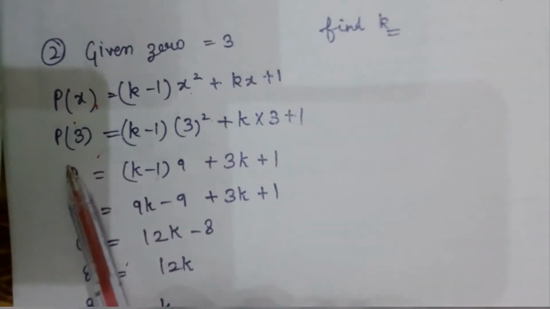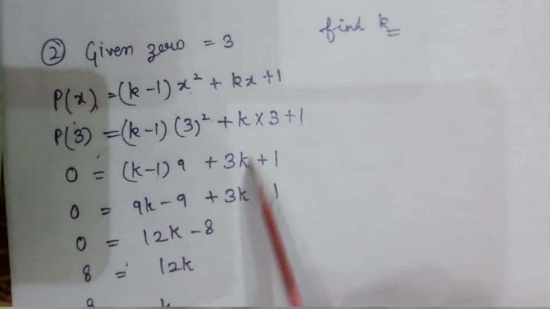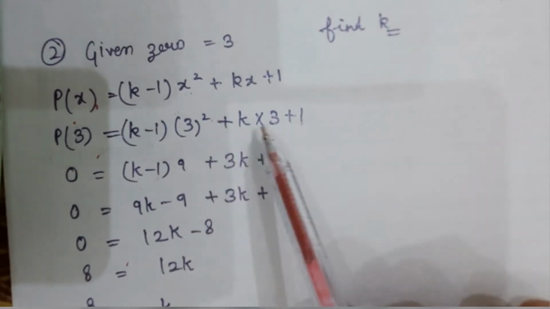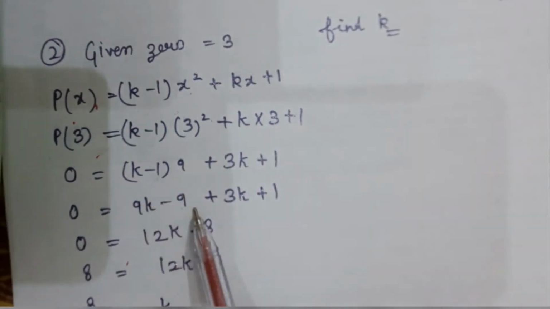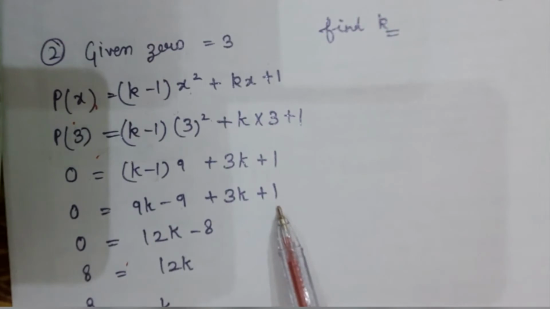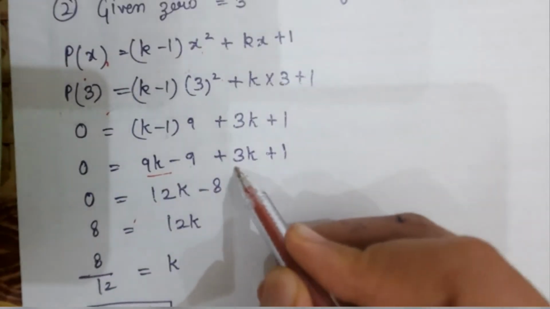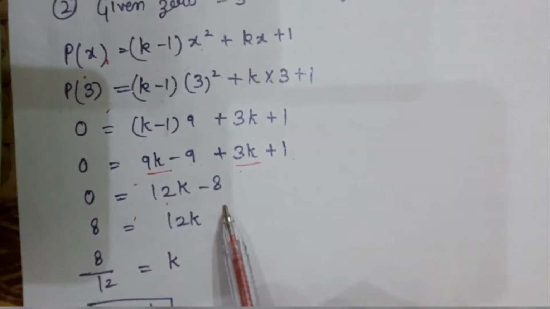So we put the polynomial 0 equals (k minus 1). Now you have to simply multiply and solve it. 3 square is 9, plus 3k plus 1. Now 9k minus 9 plus 3k plus 1 equals 0. We collect the quantities: 9k plus 3k is 12k, and minus 9 plus 1 is minus 8.